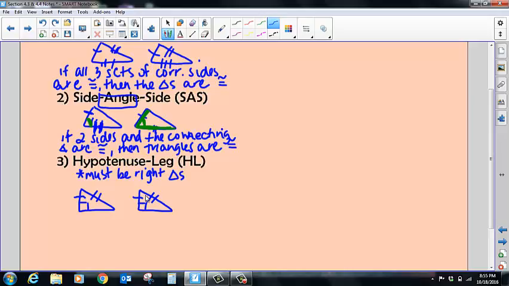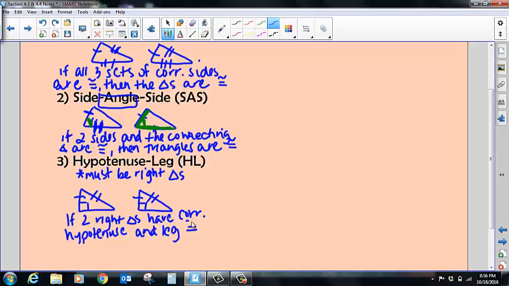Okay, so then your reasoning for this is: if two right triangles have corresponding hypotenuse and leg congruent, then the triangles are congruent.